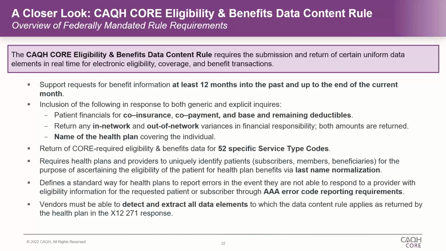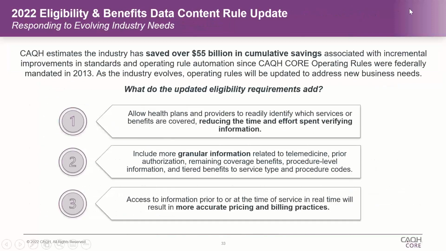So as I mentioned, over this last year, the CORE participants worked together to update the eligibility and benefits data content rule, and that was approved early this year with 88% support across the board.